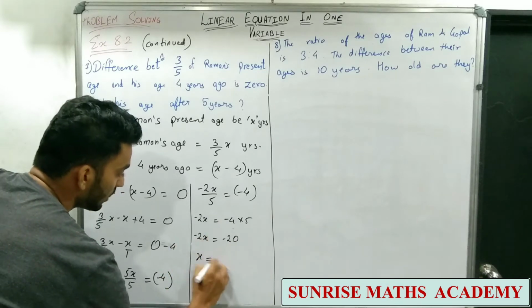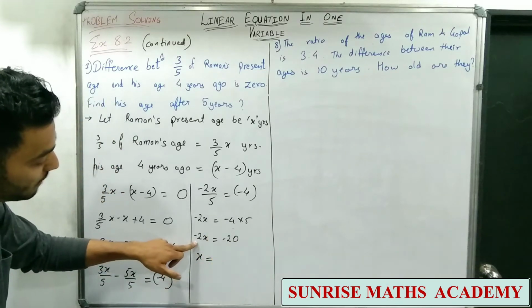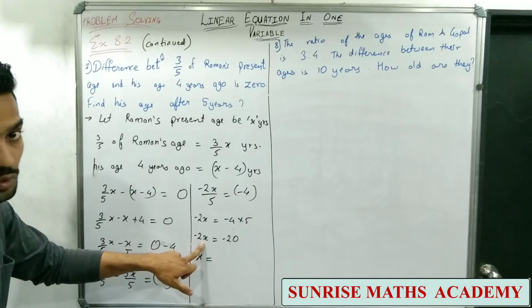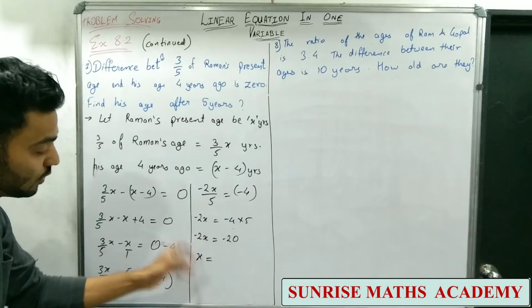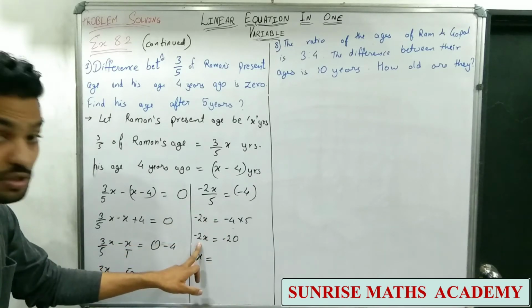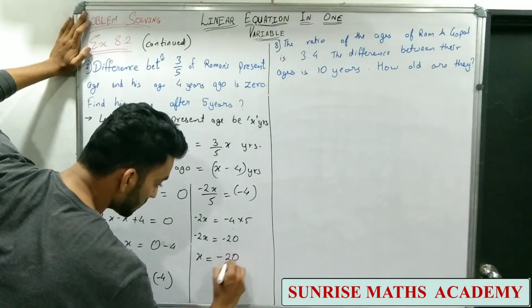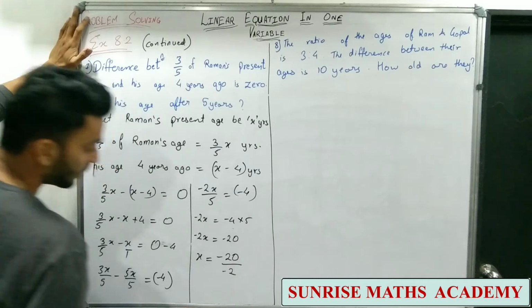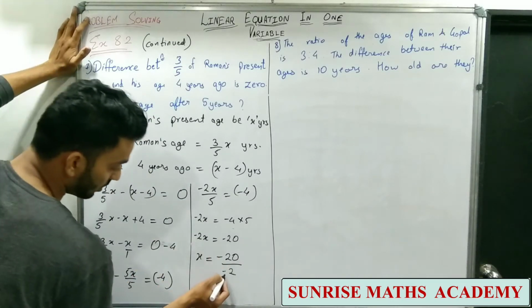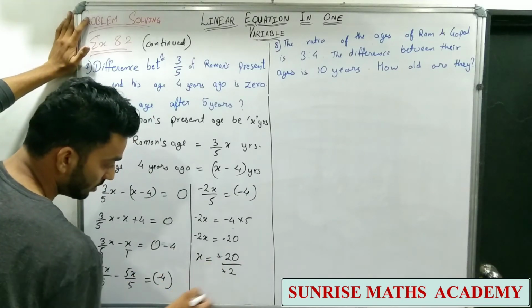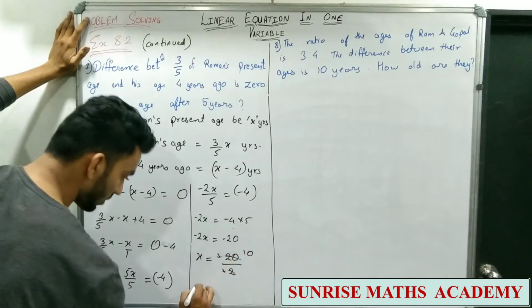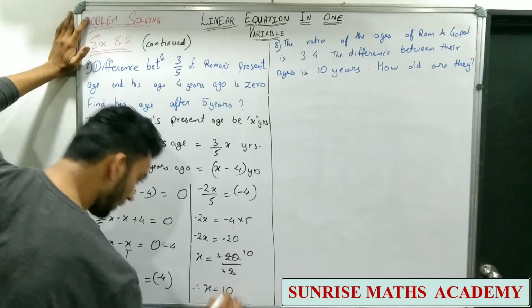Minus 2 will be taken to the other side. Now here minus 2 is multiplied to x, so it will not change to addition because here the operation is multiplication. Operation change होगा, and the operation is multiplication, so it will be divided and the minus sign will go with the number 20. The minus signs will cancel. 2 ones are 2, 2 tens are 20, therefore x equals to 10.